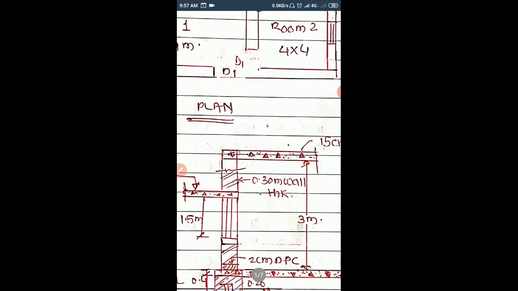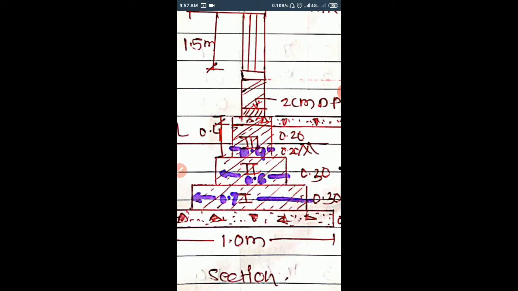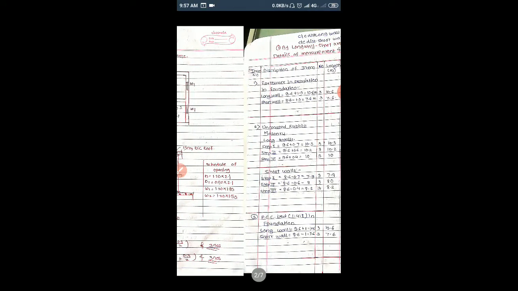For the width part it is 0.7, 0.6, whatever is in the section, and for thickness or height we will take 0.3 meter for the first step, 0.3 for the second step, and 0.4 meter for the third step.